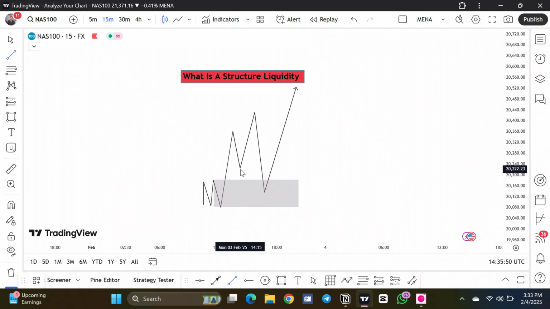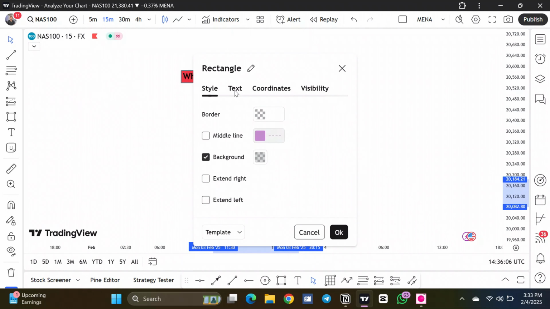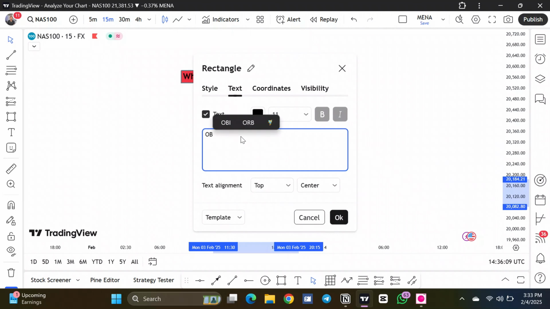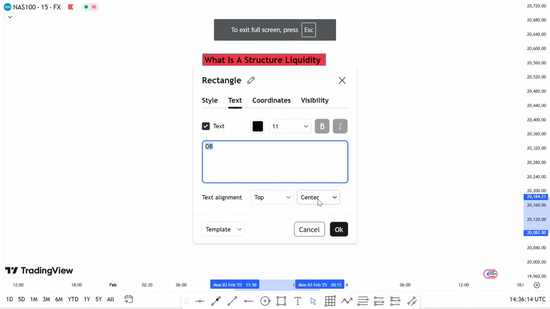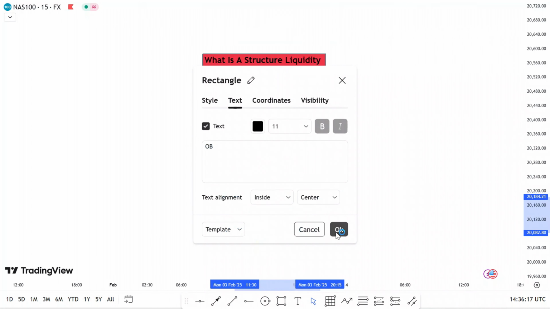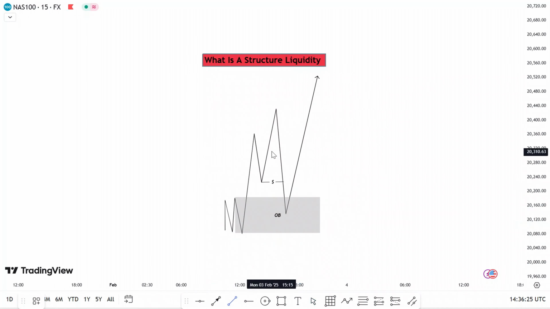This break of structure elbow is the liquidity to the order block below. So here we have your break of structure elbow, which is the liquidity, and over here you have your order block inside this box, while you have your liquidity, which is the break of structure elbow, the first pullback before the market actually broke structure.